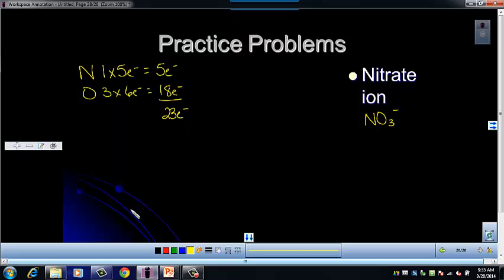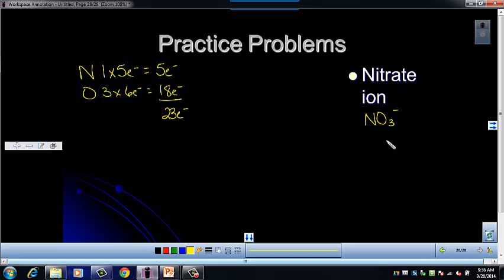Now, looking at that number, what seems unusual about it compared to what we've already done? Hopefully you're thinking, that's the first time I've seen an odd number for my total of electrons. And that's important. Remember, we're always dealing in pairs of electrons, so we need to think about that. If you come up with an odd number of electrons, either check your math or check and see if your atom or your ion has a charge.